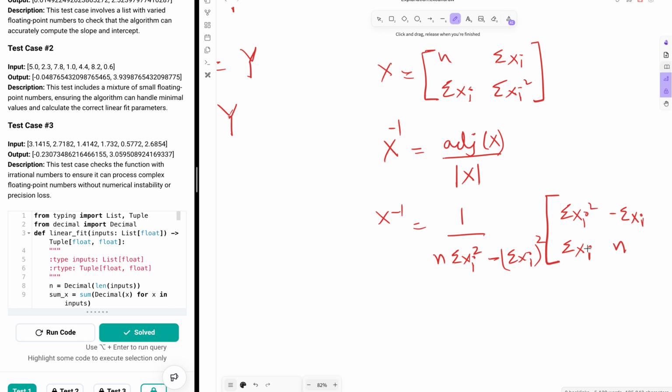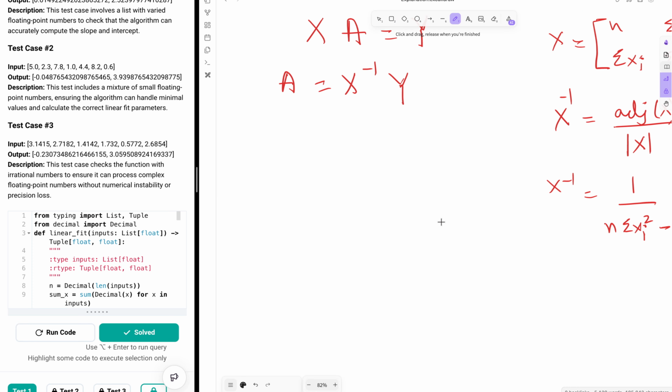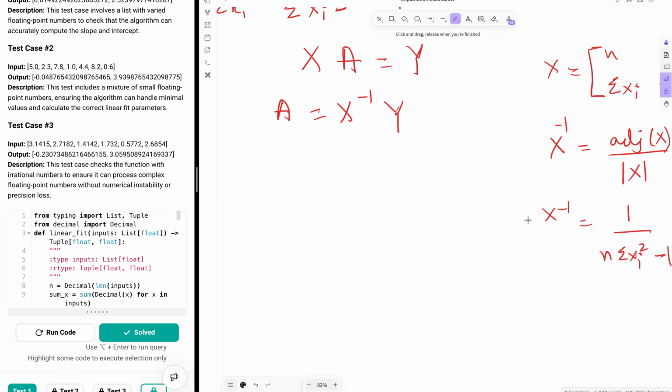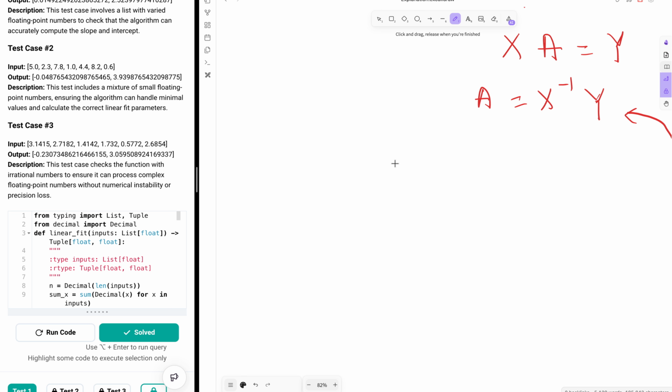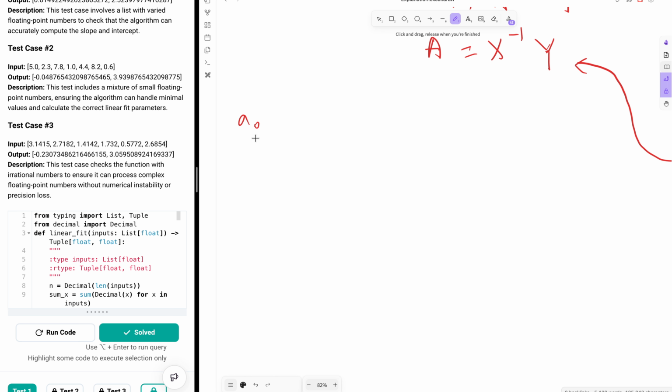So this would be the inverse of the x matrix. Now we'll plug these values back into this equation so that we can find our a naught and a1 from the matrices that we just calculated.